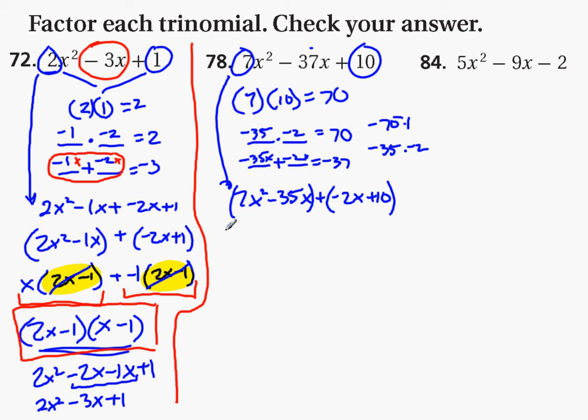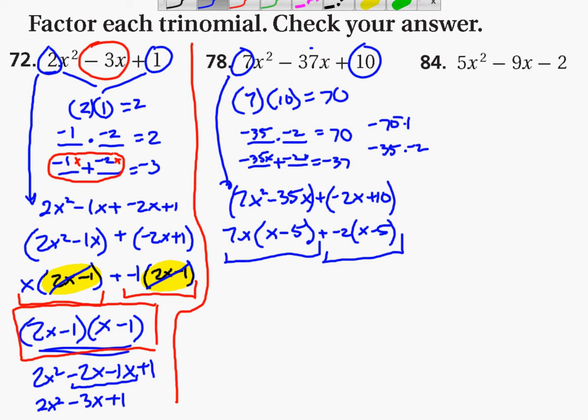So looking here, I have 7x, which leaves me x minus 5. Here, I have a negative 2, which leaves me an x minus 5. So between these two terms, I now have a common factor of x minus 5.